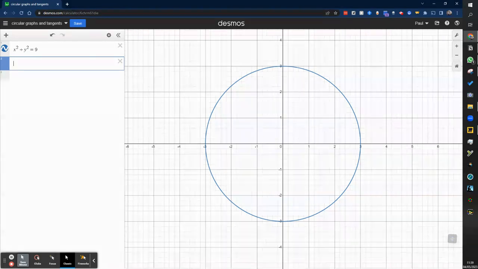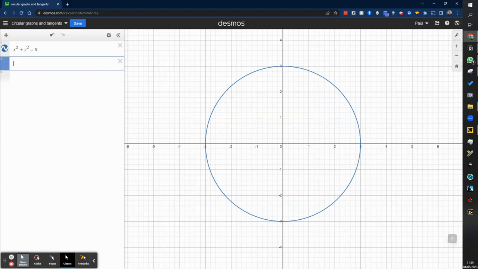So let's say that you wanted to draw a circle where the radius of the circle is 2, what would the equation be? Pause the video and see if you can work out what it is. Hopefully you should have said it was x squared plus y squared is equal to 2 squared, which is 4. By the way, on this thing, if you want to do a squared symbol or power to any power, you do shift 6, which looks like a little arrow pointing up.